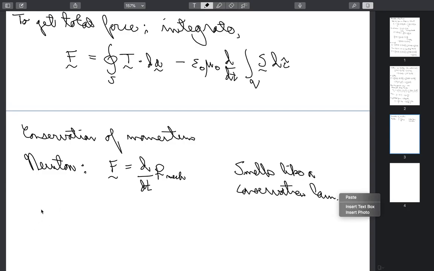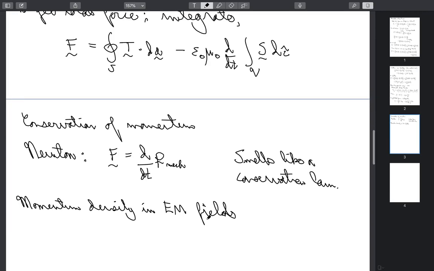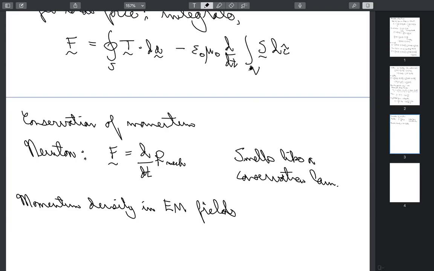So first of all, what we're going to do is define the momentum density in the electromagnetic fields, as the density that is here.